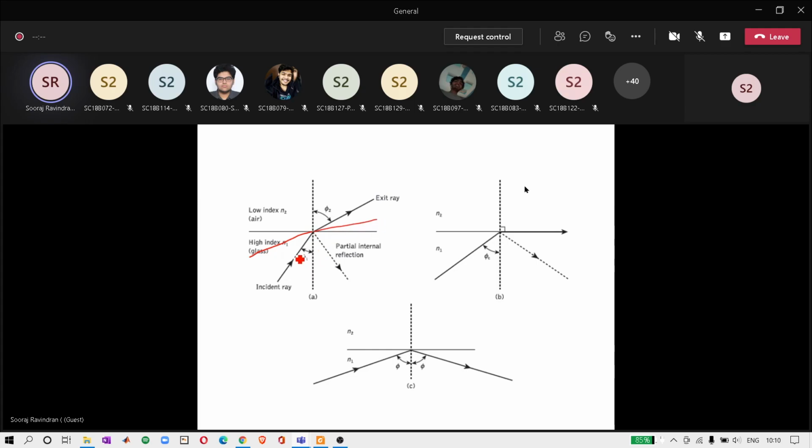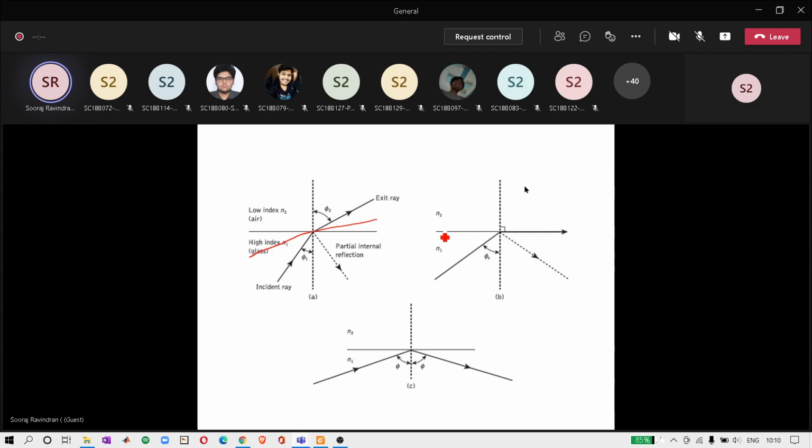So if I keep on increasing the incident angle, let's say that I increase this. So look at this figure, figure B. If I keep on increasing the incident angle, you would see that at a certain angle called as the critical angle, which is defined as phi c, you would see that the exit ray would just graze the interface. It will be just passing along the interface.